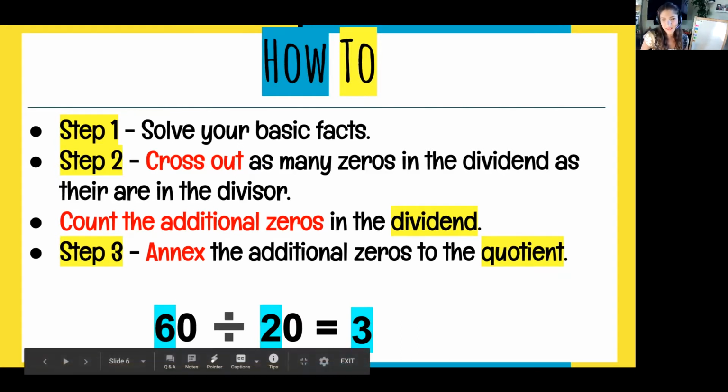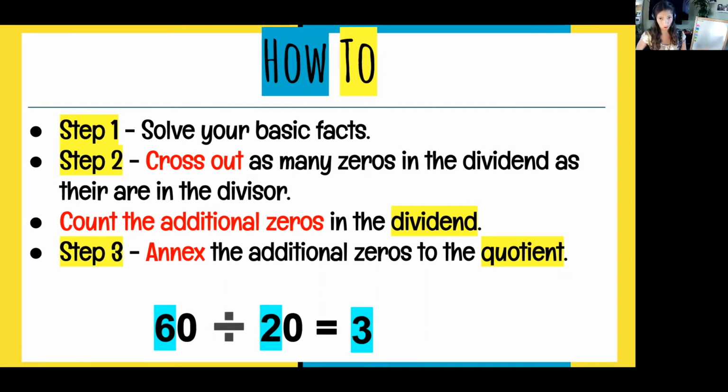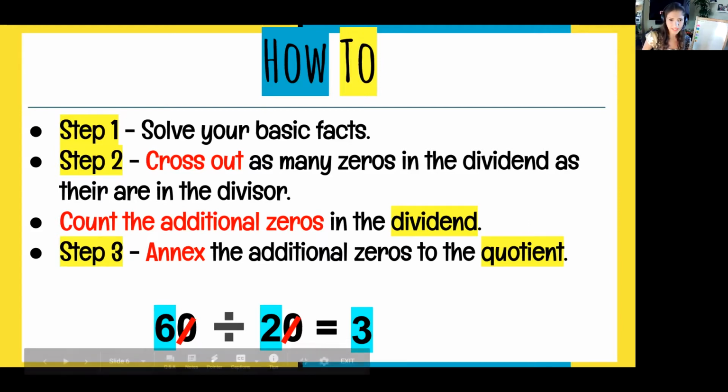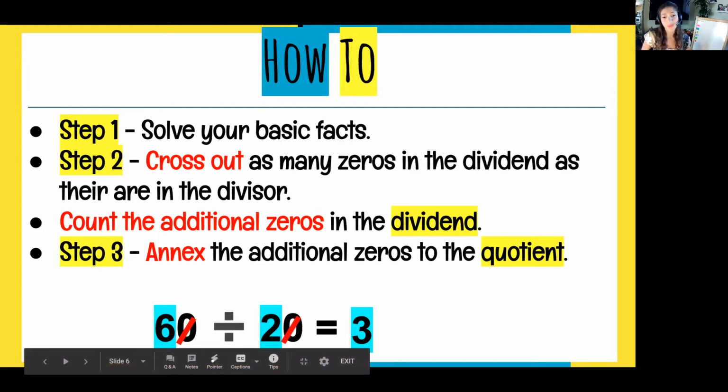This is a step that's a little different from our multiplication, because in the end we're only putting the additional zeros, meaning we're going to make sure there are no extra zeros. If there's a 0 in our dividend and a 0 in our divisor, they cancel each other out. So we're going to cross them both out, which means we have no zeros to carry over into our quotient. So 60 divided by 20 is 3.